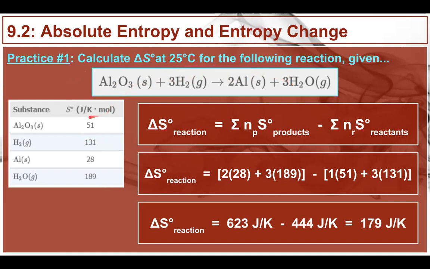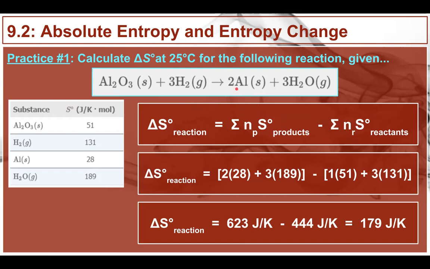Notice how our solid things have lower standard entropies than our gases do. That should make sense based off of what we talked about in our previous section. So how are we going to work on this? Remember that our delta S for the reaction is equal to the sum of our products minus the sum of our reactants. Let's put it all together.